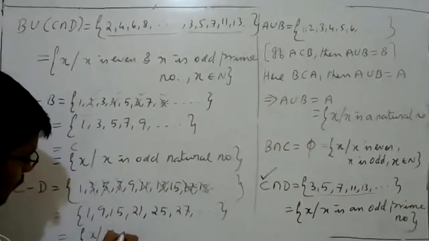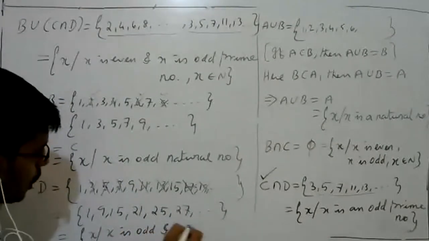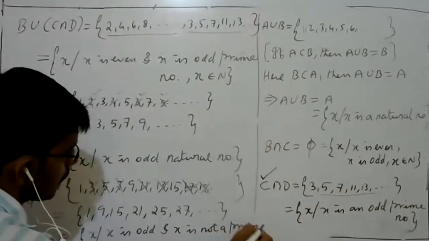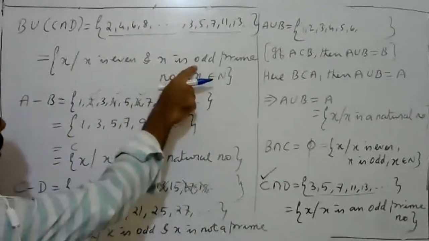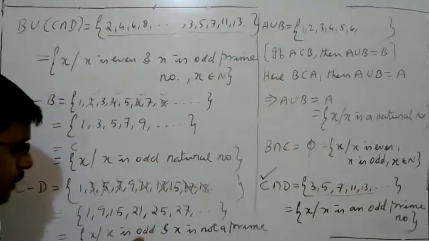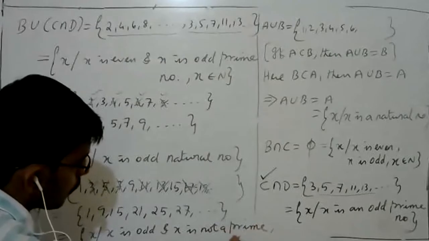That means x is odd and x is not a prime. In D, x is odd and also prime, but here x is odd and x is not a prime, and x belongs to N, the natural numbers.